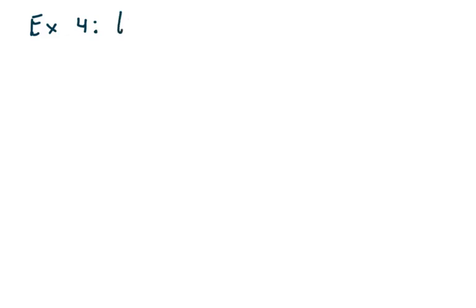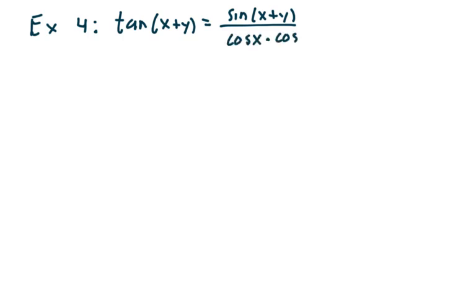We get the following. Tangent of x plus y equals sine of x plus y divided by cosine x times cosine y. Now, in my opinion, the right side looks harder. So I'm going to start with the right-hand side. You always go for the side that looks harder.